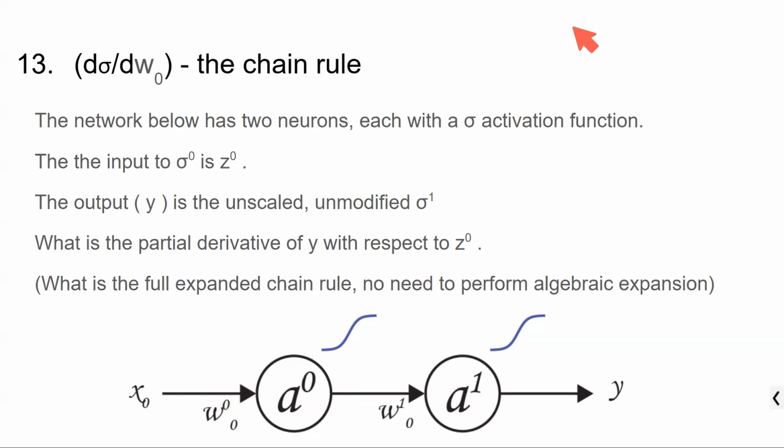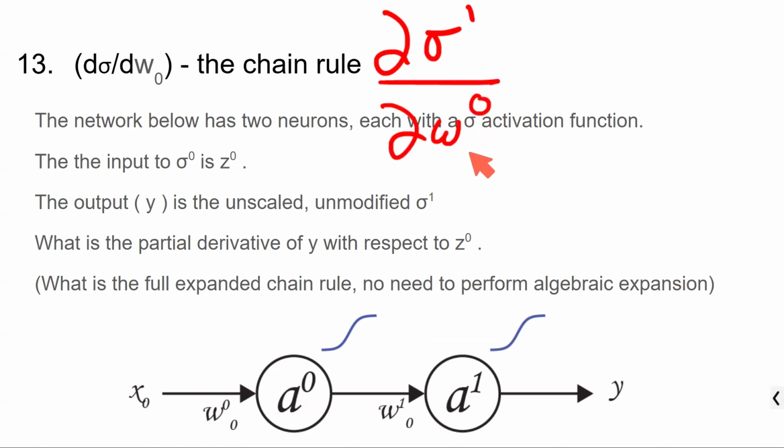What is the full chain rule partial derivative with respect to w0? I want d final sigma, d sigma 1 over dw0. I'm really looking for d sigma 1 over d layer 0 weight 0. That's what I'm looking for. How do we get that? D sigma layer 1.